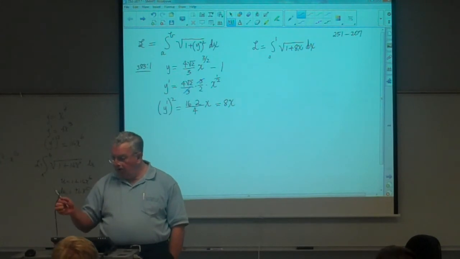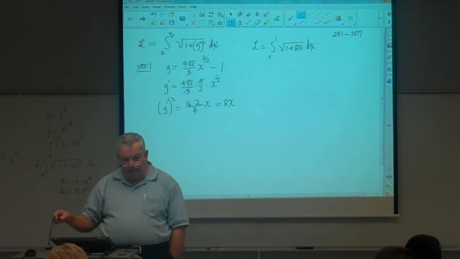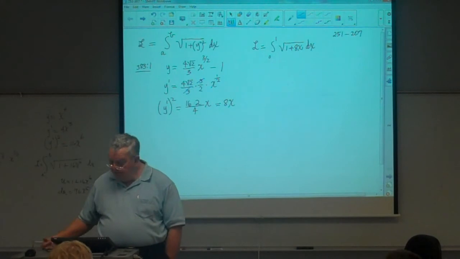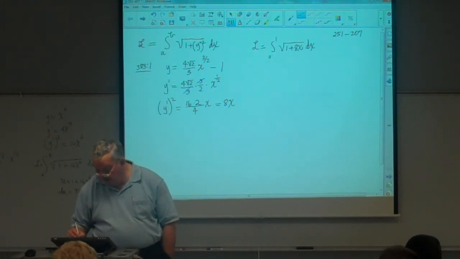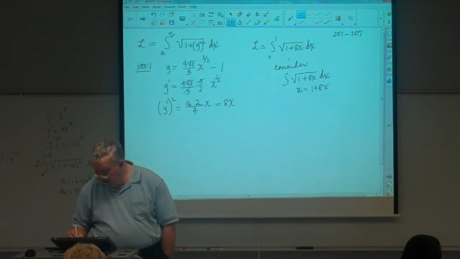I am not going to say that what I am about to write is equal to L. I'm just going to work and consider the integral of 1 plus 8x dx. Then u is equal to 1 plus 8x, du is equal to 8 dx, and dx is equal to 1/8 du.